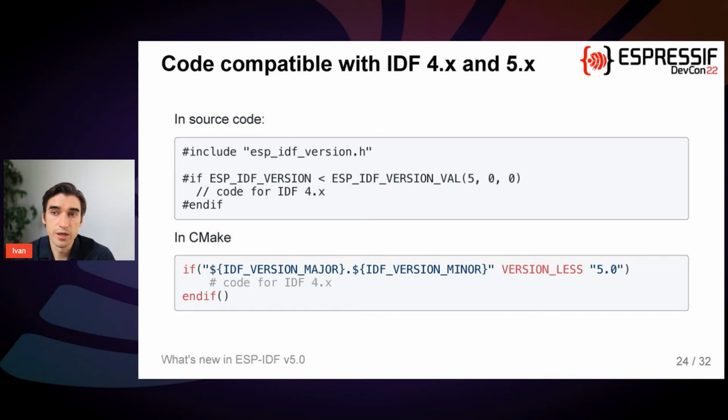For instance, you may need to do this if you're using the ADC calibration library, because previously it was in a separate component called esp_adc_cal, and now it is in a new component esp_adc, which contains both the ADC driver and the calibration library. So you will have to add dependencies on this component in a different way for IDF 4.x and IDF 5.